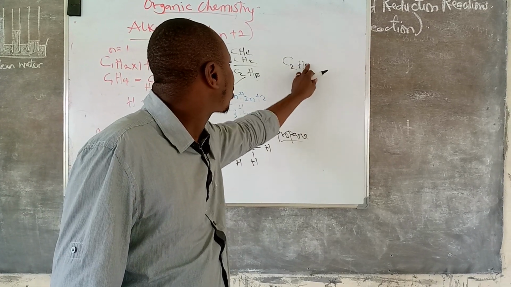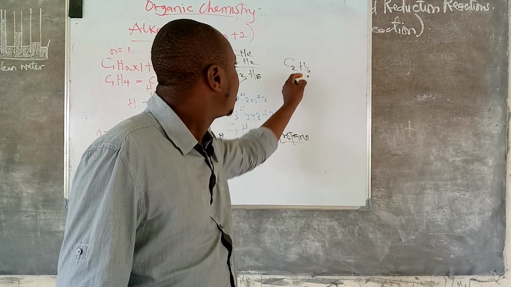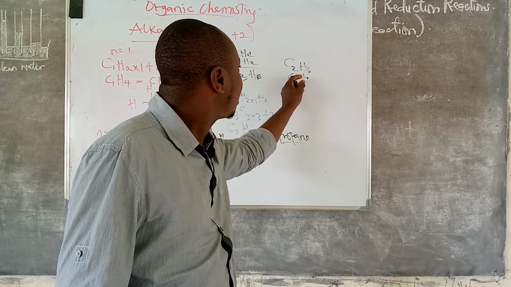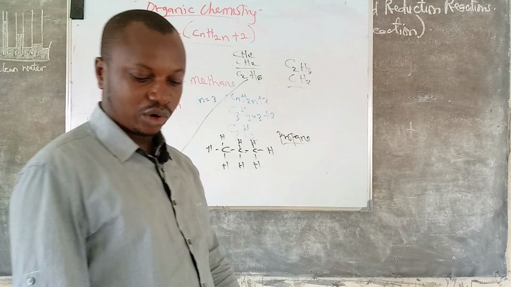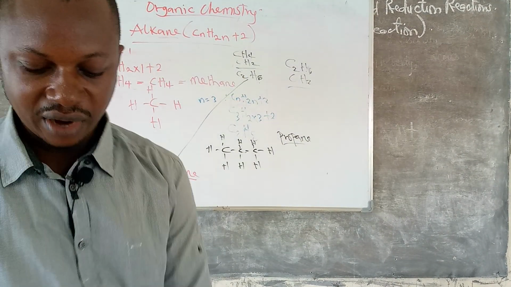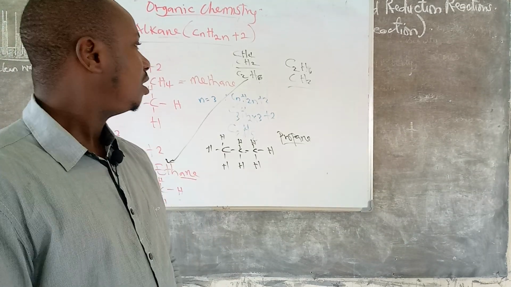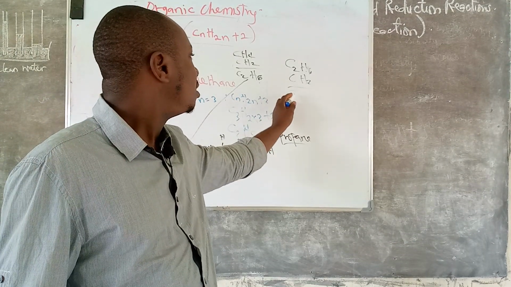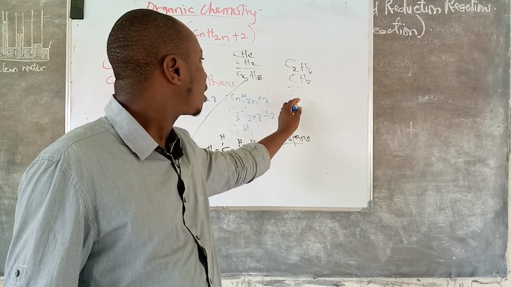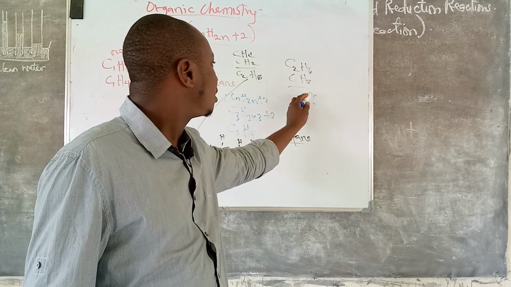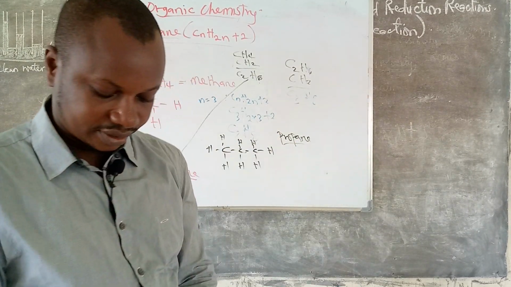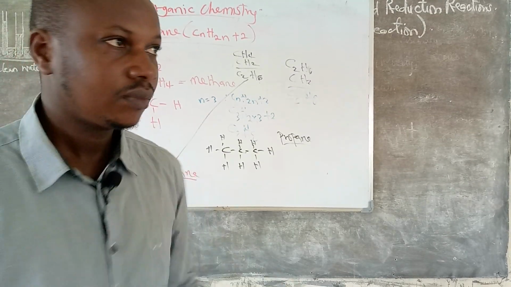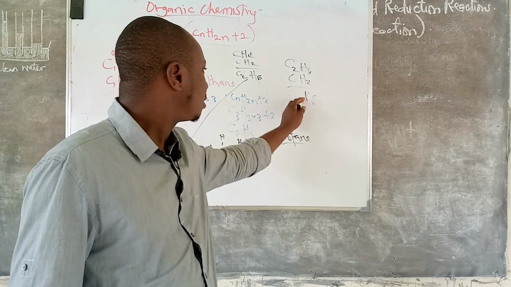You want to get the third member. You add CH2 to get the third member. If you add CH2 to get the third member, look at what you are going to land yourself on: C3H8.